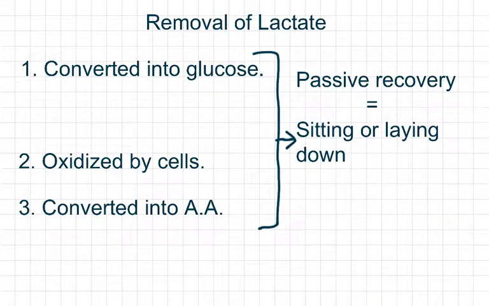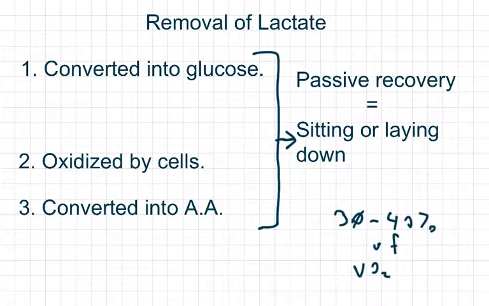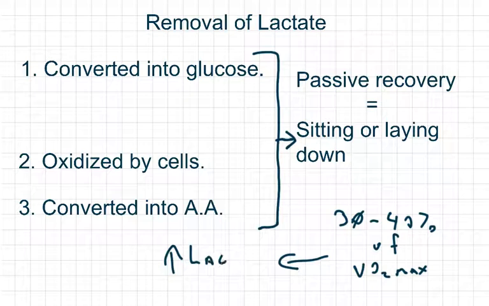Now, what recent research is showing is if you perform light exercise, optimally between 30 to 40% of VO2 max during the recovery period, it significantly increases the rate of lactate clearance. So what we're saying is during the recovery period, if you perform light exercise, the body clears out the lactate faster and it promotes quicker recovery.